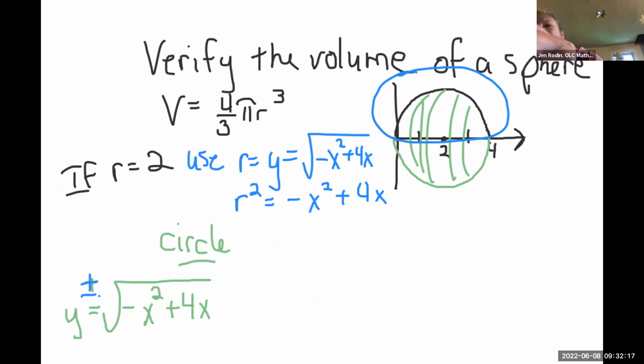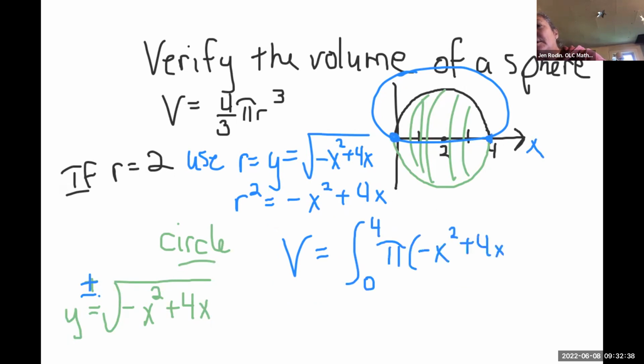It's so exciting. So the volume would be, in this situation, we're going from 0 to 4, because that's where it's hitting the x-axis, and those are on the x, and then pi r squared.